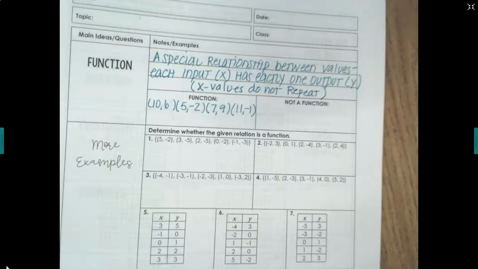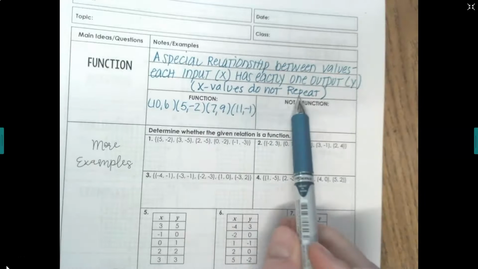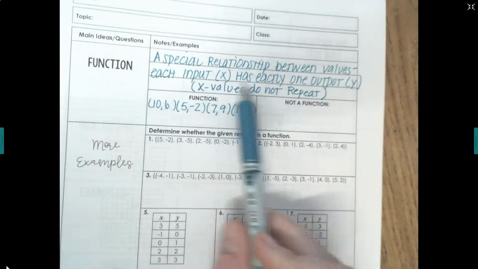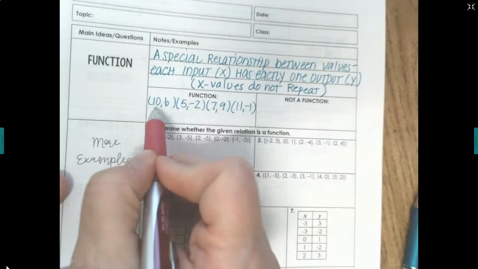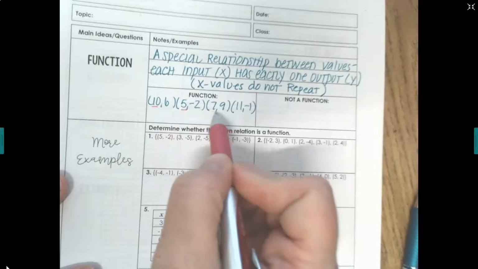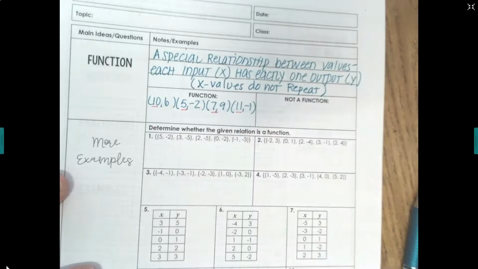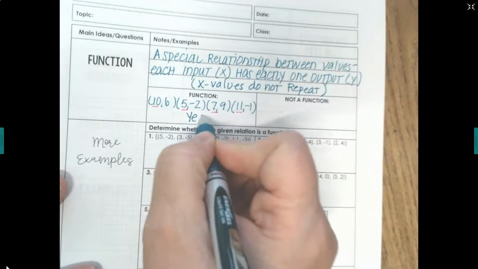When we're looking to determine if something is a function, the X values will not repeat because each input of X has exactly one output of Y. So we're really focusing on our x values here. I have x values of 10, 5, 7, and 11. None of those x values repeat, so this is a function.